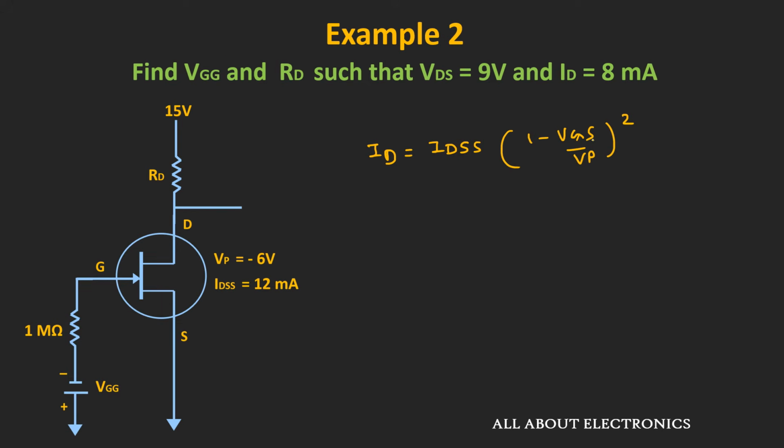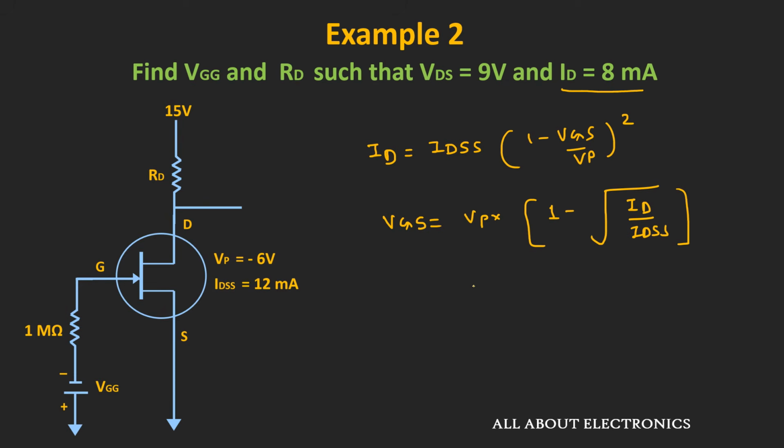And from this we can find the value of voltage VGS for the fixed value of drain current ID. So if we rearrange this expression, then in terms of VGS we can say that voltage VGS is equal to VP times 1 minus under root ID divided by IDSS.